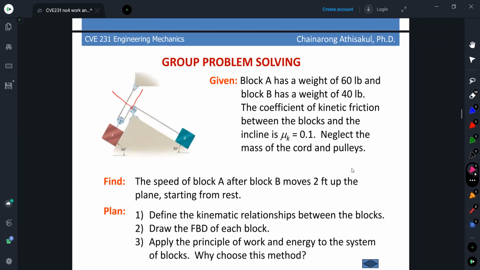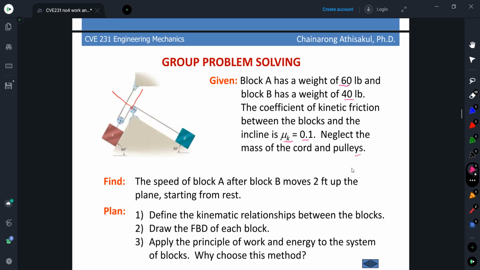Block A has a weight of 60 pounds and block B has a weight of 40 pounds. The coefficient of kinetic friction, mu K, between the blocks and the incline is equal to 0.1 for both. Neglect the mass of the cord and pulley system.